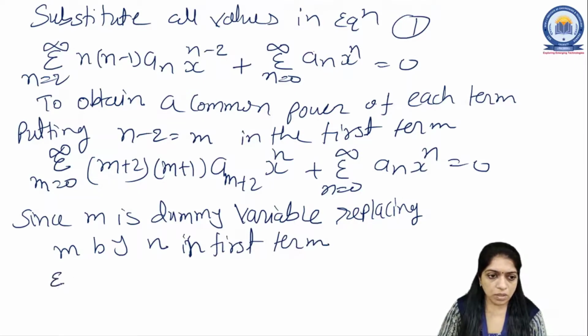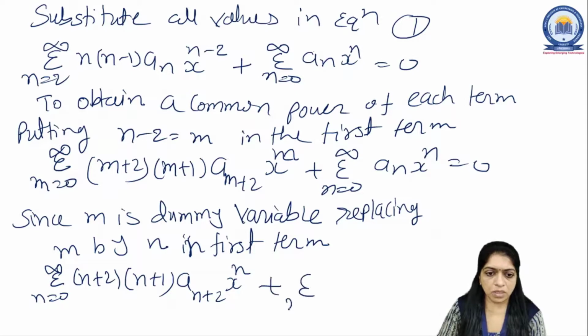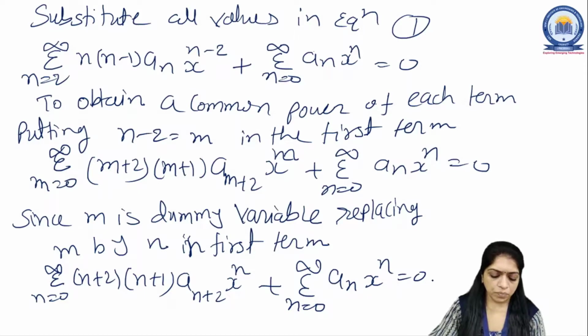So summation n 0 to infinity n plus 2 into n plus 1 a n plus 2 x to the power n, this is n, right? So x to the power n plus summation n 0 to infinity a n x to the power n equal to 0.